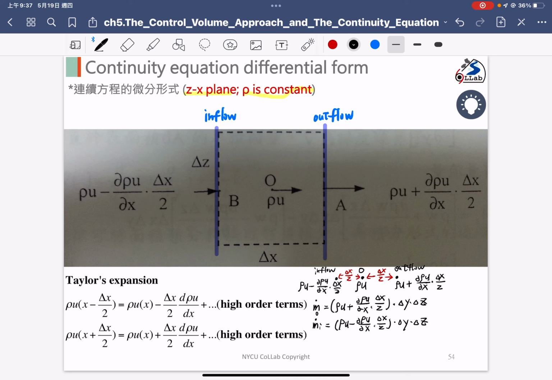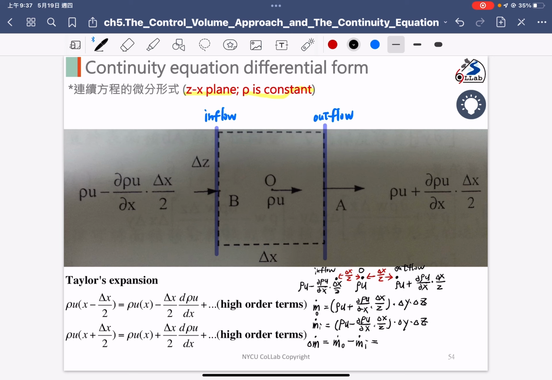So we know the total mass rate along the inflow and outflow when we focus on the z-x plane equals the mass rate out minus the mass rate in. So the outflow minus the inflow.